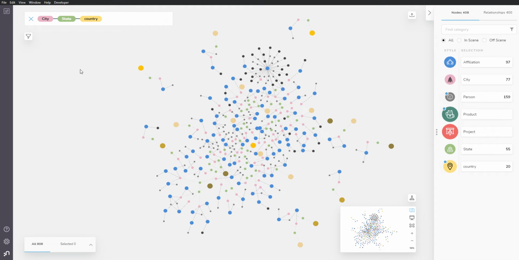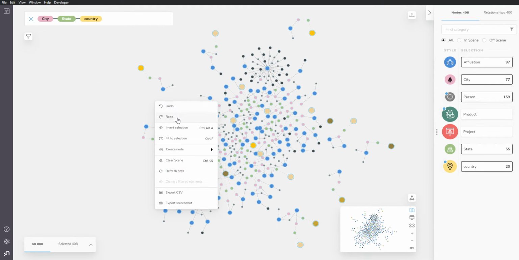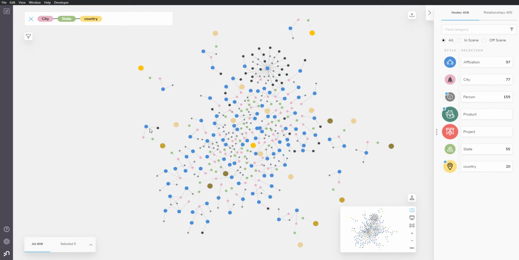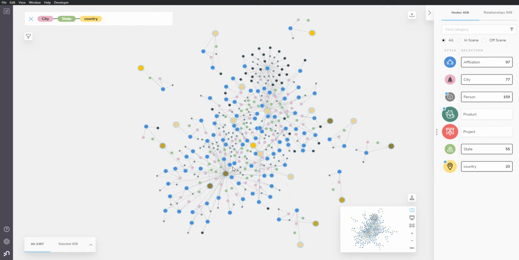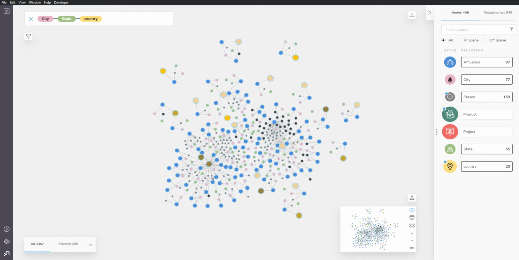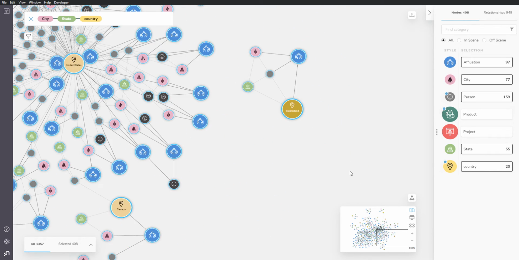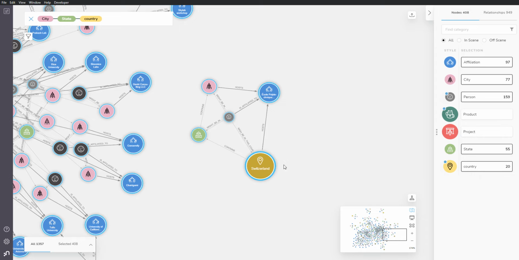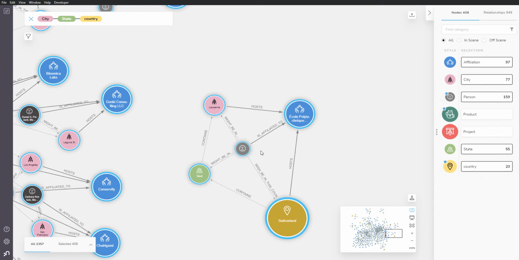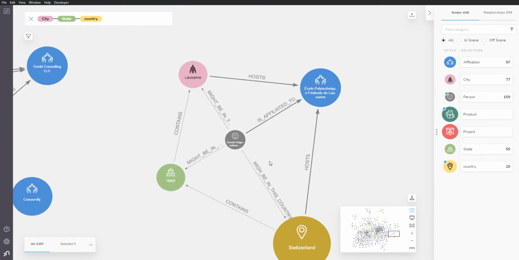So if we select all, we can look for the hidden links. Here are the clusters. So we have, for example, this very cute guy, which is Switzerland, and it's provided by Sundar.